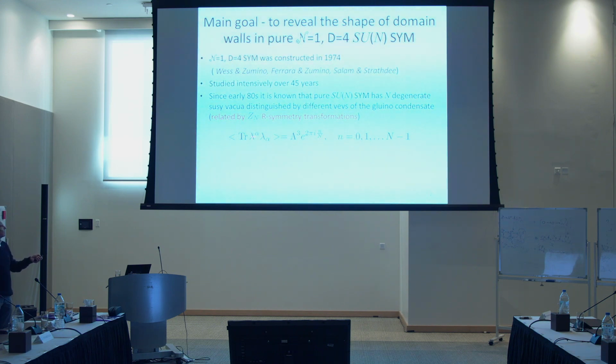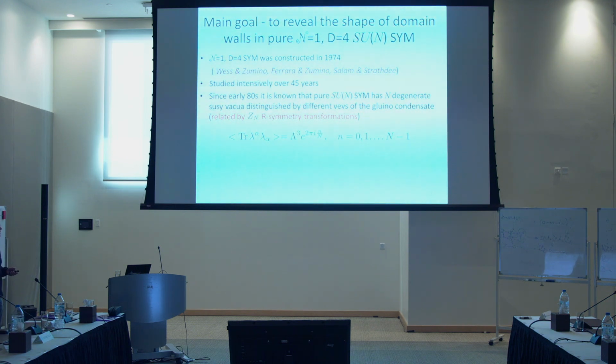So the gaugino condensate looks as follows. There is a dynamical scale at which the gaugino condensate is formed, and then there is a phase which is discrete. It depends on the discrete parameter n running from 0 to N minus 1, where N is the dimension of the group SU(N).